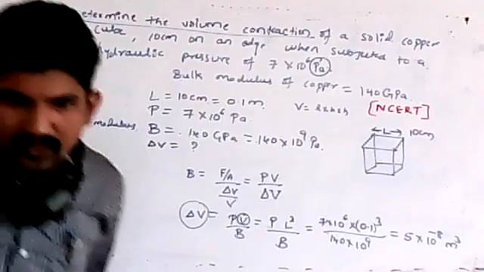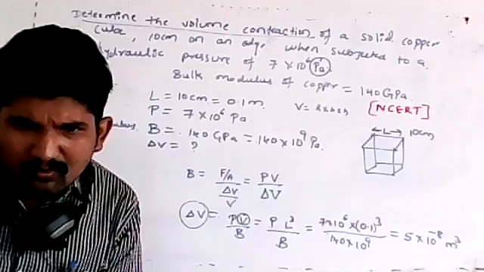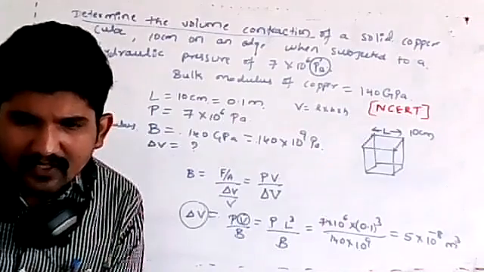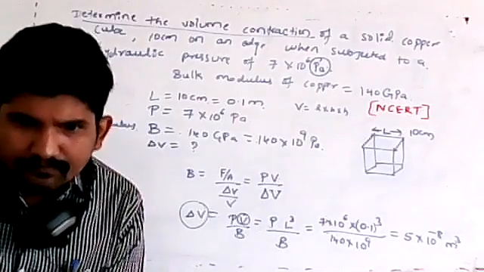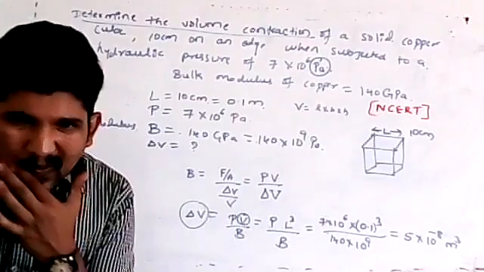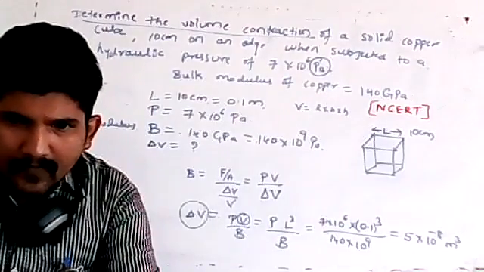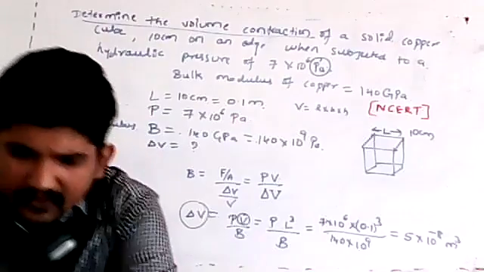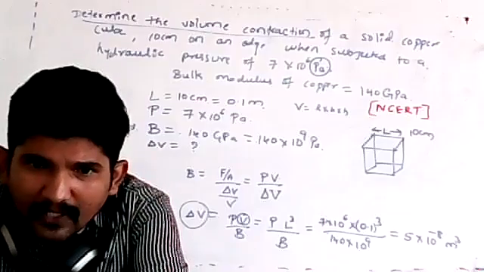Anirudh, just check what you written. 140 into 1.9 into 10 raised to 9. Yes, Prithvi, correct. Good, just go ahead. Just tell me your answer, whether you're getting same thing or not.